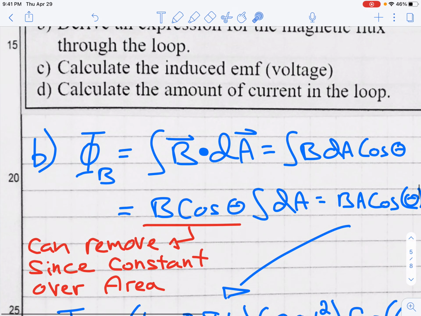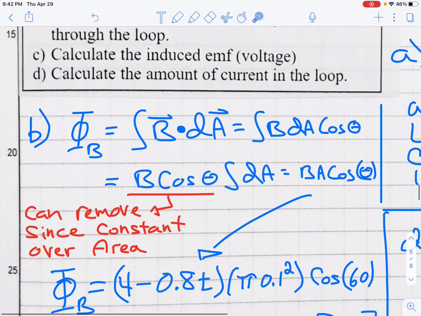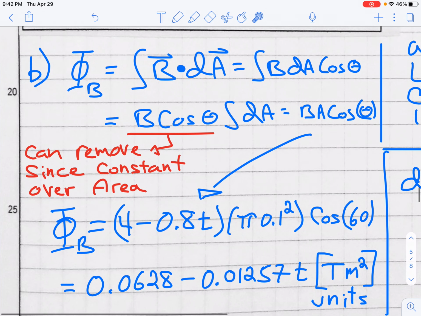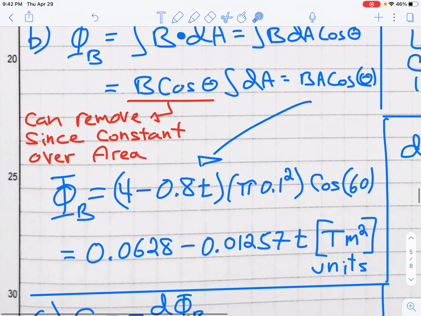So that can come out, as is the angle. So the integral of dA is just going to be the area of the loop, B A cosine theta. Plug in, that's B, pi r squared for the area, cosine theta. And plug in the numbers, I did multiply things through. This would be in Tesla meters squared, that's the units.